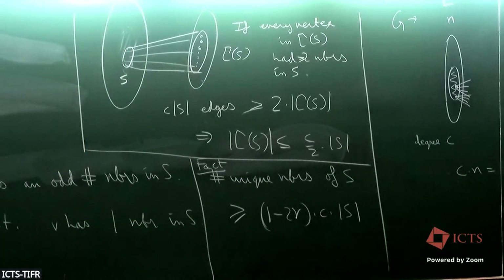And now once we put all this together, we get what we wanted. Sets of size at most delta n always have at least 1 unique neighbor. So we get that the code C has minimum distance at least delta n.